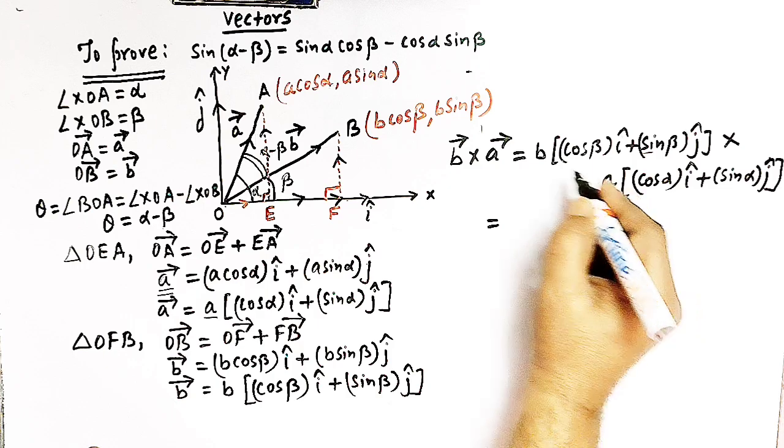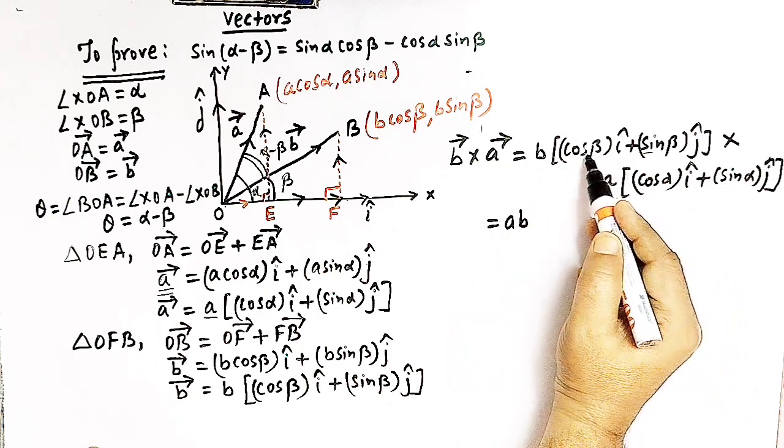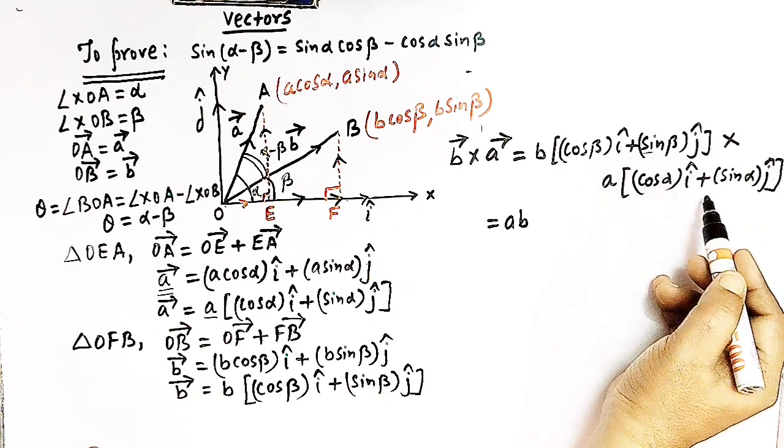So now here we have AB, and now we have to take the cross product of these two vectors.